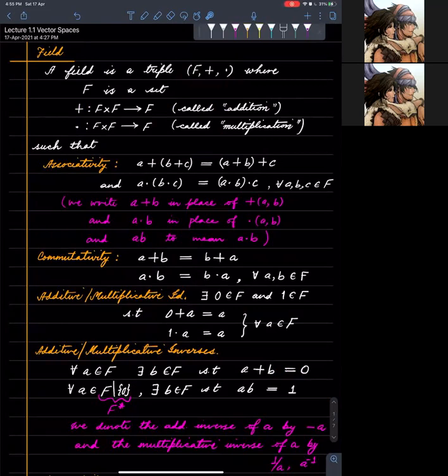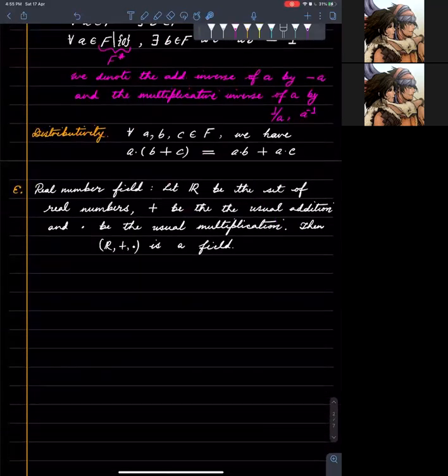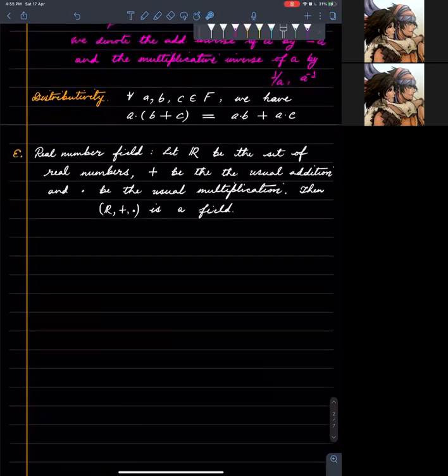So every time we refer to a field, we don't necessarily prescribe what the addition and multiplication were. We just say, consider the field F. That's just for ease of conversation and ease of writing. Okay, so this is a field, and each one of us is familiar with it.